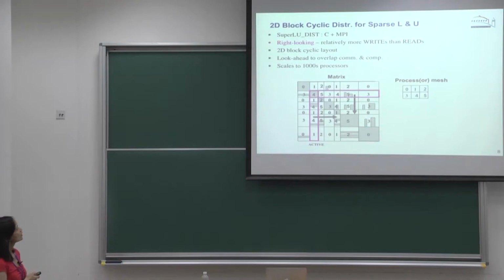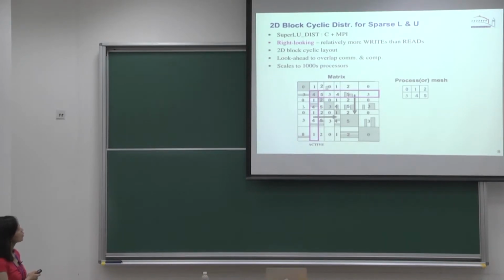and I apply the same partition to the row-wise as well. So then some of the blocks, for example, if you look at this supernode, it will have a non-zero diagonal block. It's fully dense, and then some non-zero blocks here, some non-zero blocks there, and the rest of the blocks are zero. So those zero blocks, I don't need to store, okay? And then how do I store this part of the matrix?